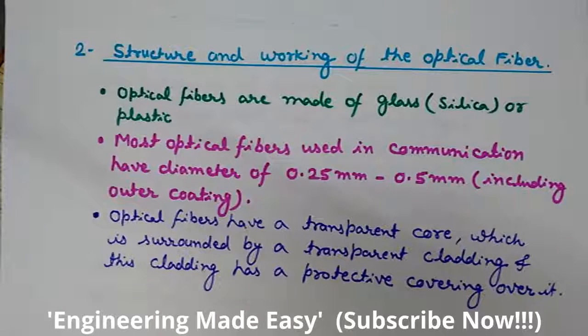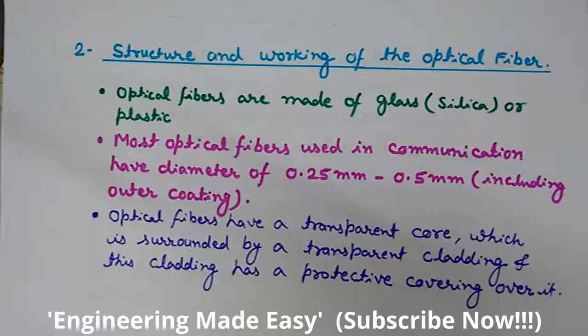Actually, there are three layers in total. First one is the core, then the cladding, and the outer coating. So including that outer coating, its diameter is 0.25 to 0.5 mm.